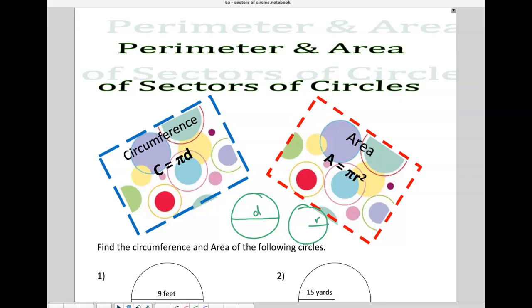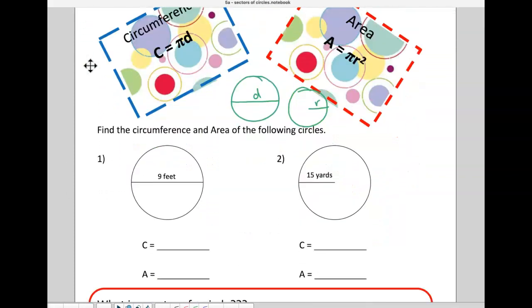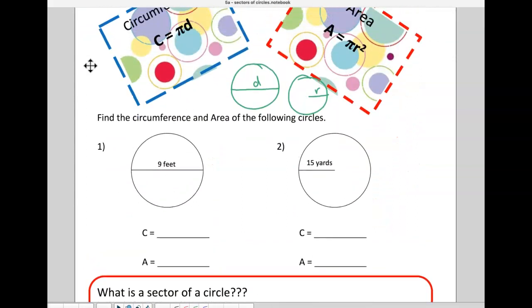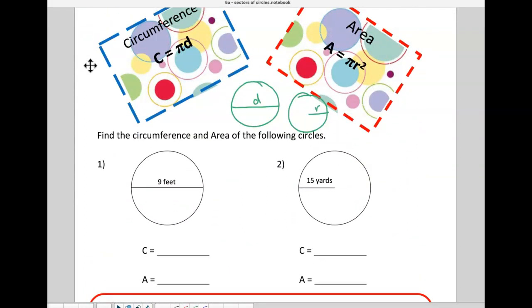Okay? I want you to take the next couple minutes and do these two problems. Find the circumference and area of each of those circles. You can use your calculator.